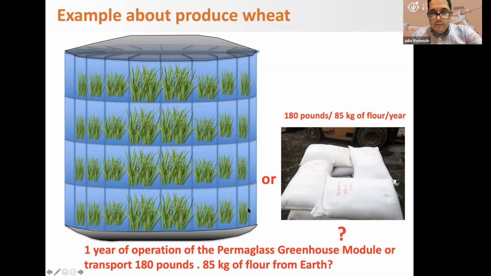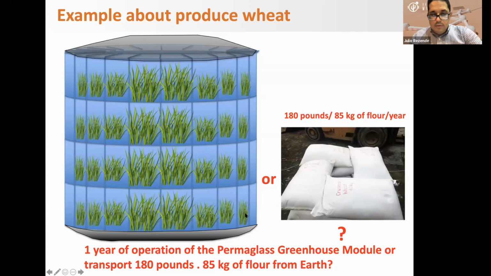We know that wheat is very important to produce many kinds of meals like pizza, chapati, also pasta. But maybe it would be better to transport the powder to produce the meals in space.